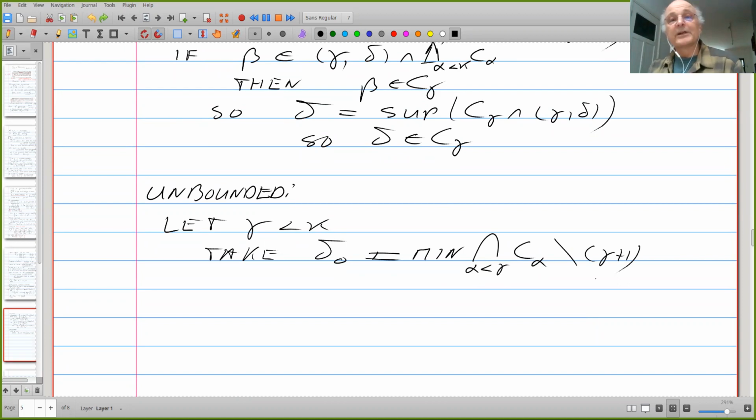So we look at the intersection of the C alphas where alpha is less than gamma. That's a closed unbounded set. Gamma is some member of kappa, so there must be something above gamma in that intersection. Let's take the minimum. Call it delta 0.